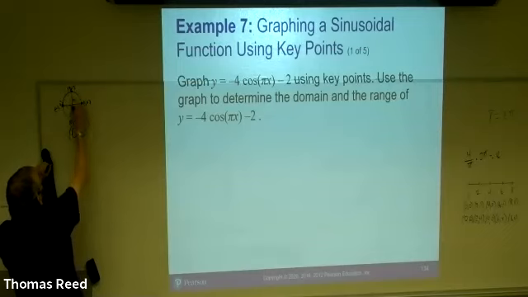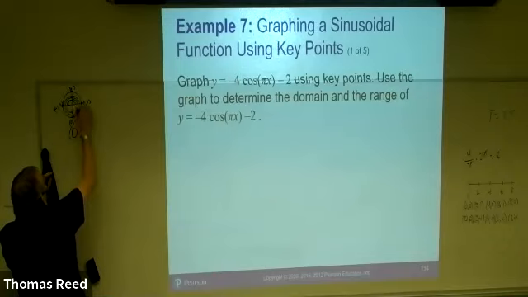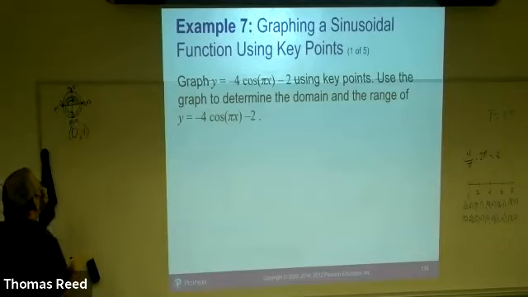And this is pi over 2. And this is pi. And then this is 3/2 pi. And this one is 2 pi. 2 pi and 0 have the same x and y value. And so we're just looking at the x values for these.